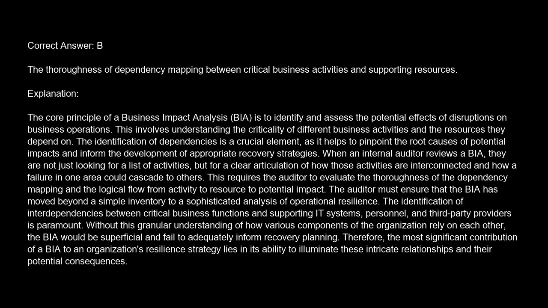The auditor must ensure that the BIA has moved beyond a simple inventory to a sophisticated analysis of operational resilience. The identification of interdependencies between critical business functions and supporting IT systems, personnel, and third-party providers is paramount. Without this granular understanding of how various components of the organization rely on each other, the BIA would be superficial and fail to adequately inform recovery planning.